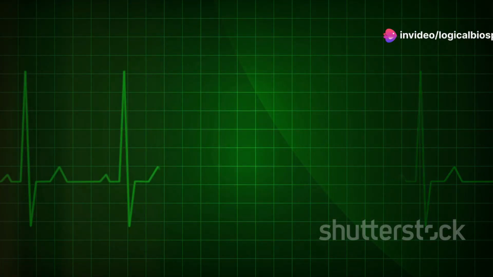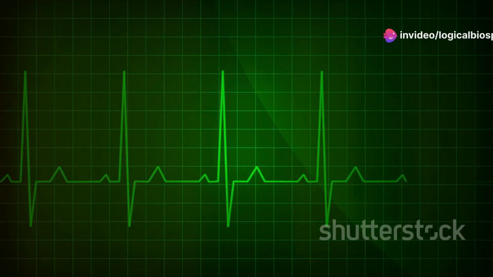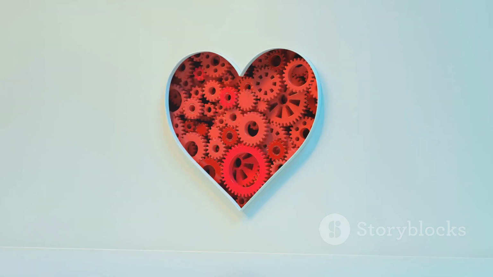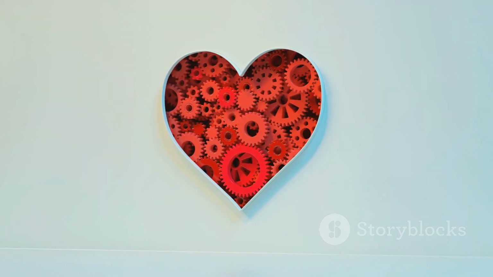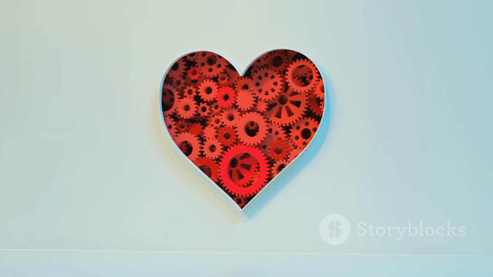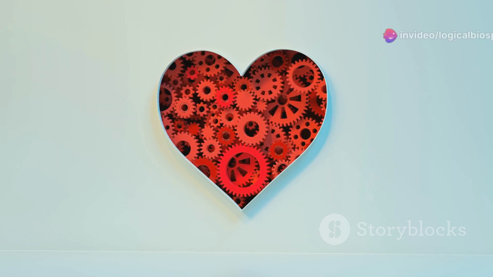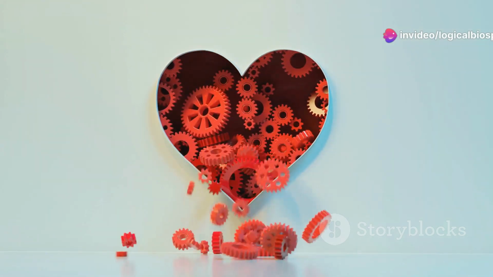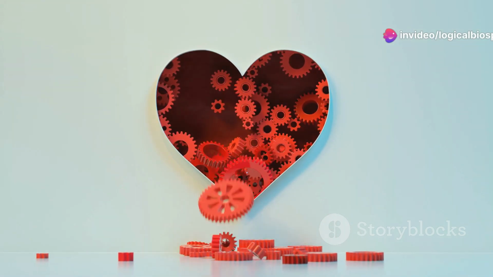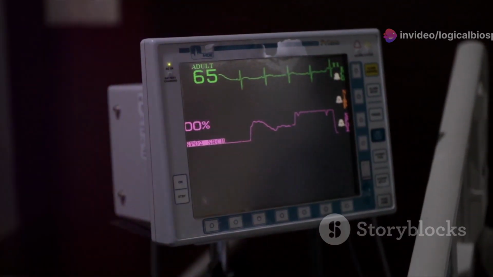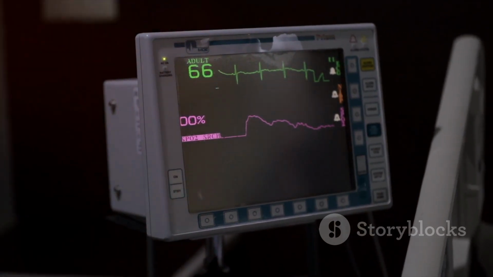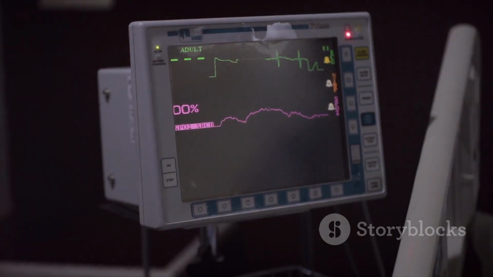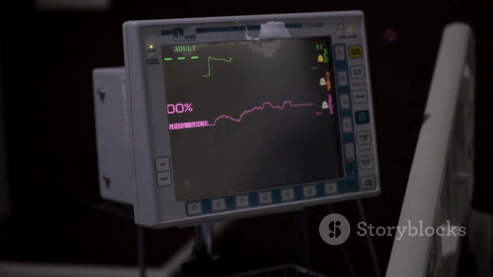The heartbeat is divided into two main phases: systole, the phase when the heart's ventricles contract, pumping blood out of the heart, and diastole, the phase when the heart muscles relax, allowing the chambers to fill with blood. A healthy adult has a resting heart rate of about 60 to 100 beats per minute, depending on various factors such as fitness level, age, and health status.